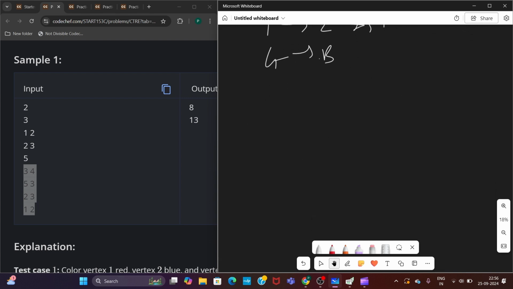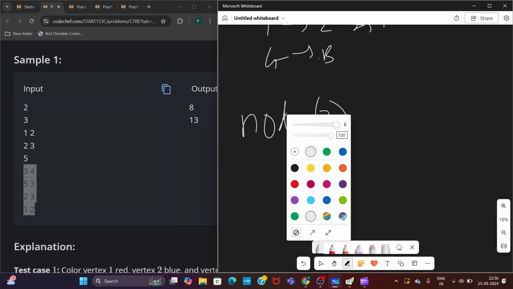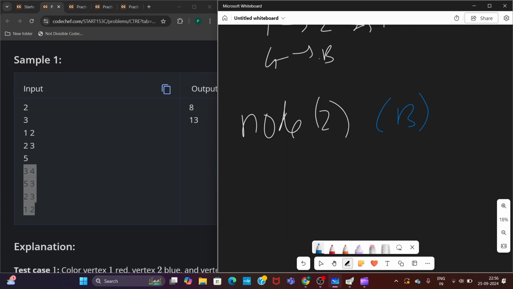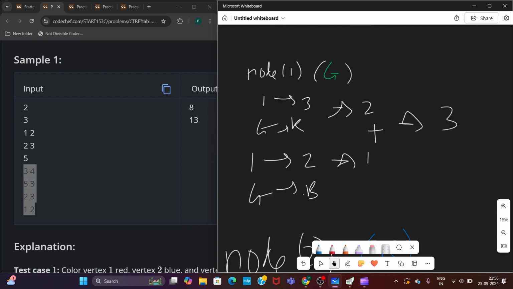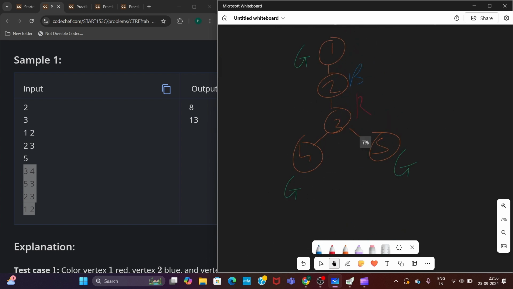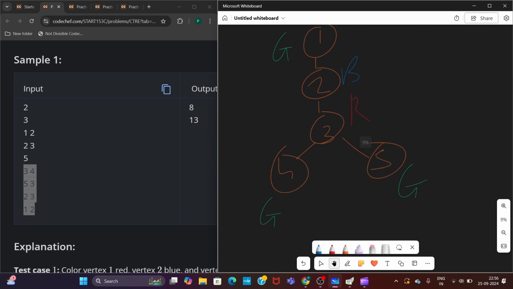Then we have to go for node 2, which is blue. For node 2, where is our closest red? From node 2, our closest red is at 3.